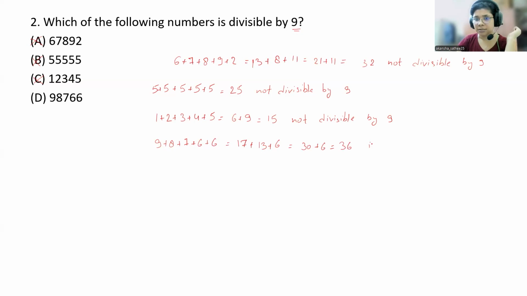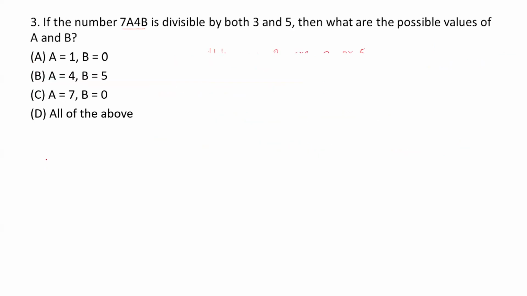Yes, it is divisible by 9. You got your answer. So that means this number is divisible by 9. So just look at the sum, and if the sum is divisible by 9, the number is divisible by 9, and you can check this. Okay, next problem.